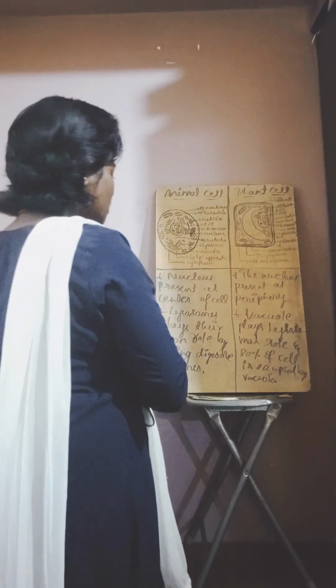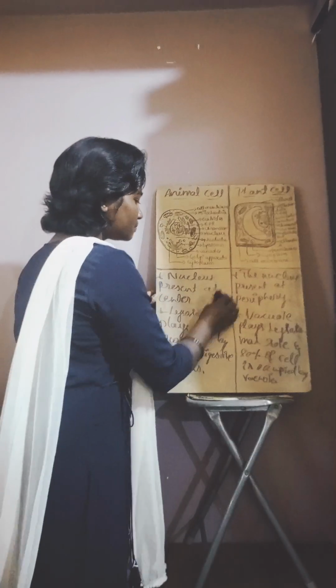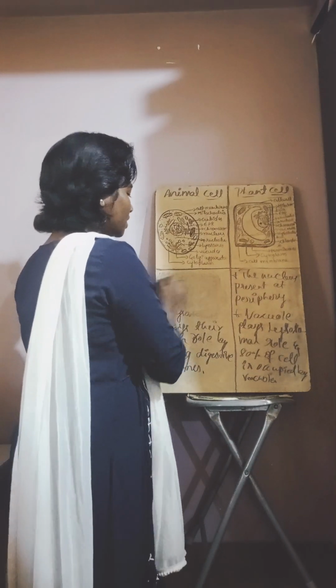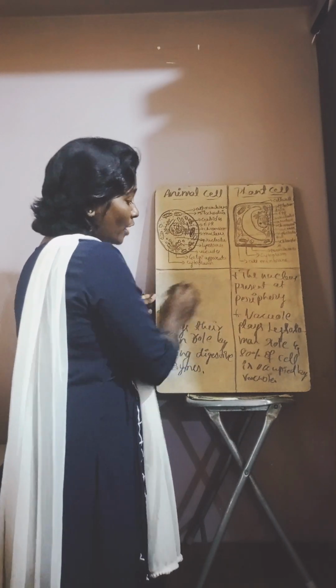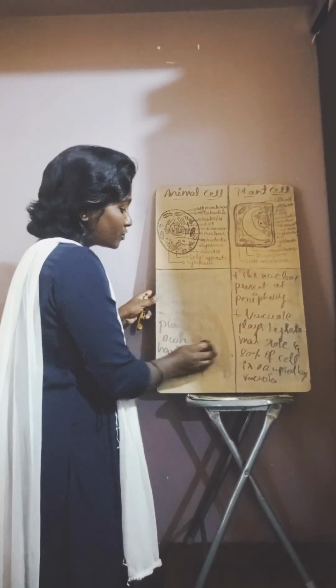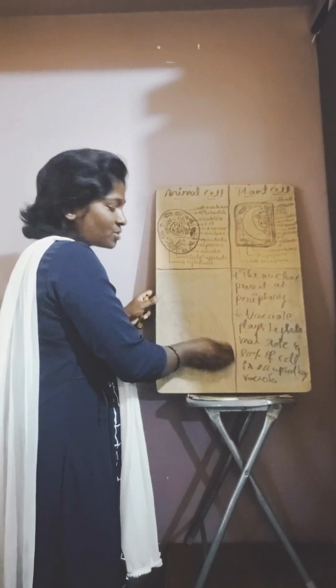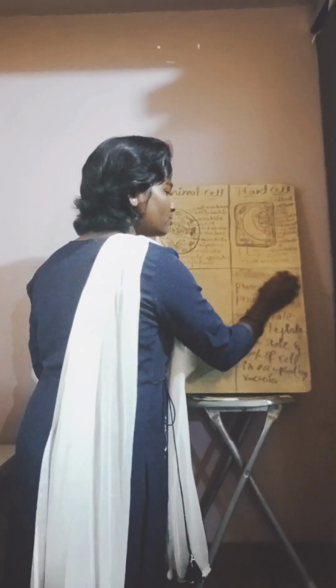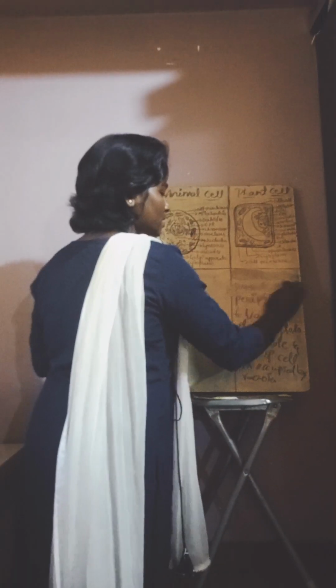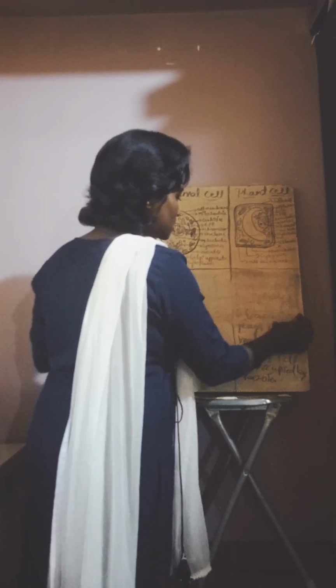Clear? Here we just discussed the location of the nucleus, the function of vacuole, and the function of lysosomes in animal cells. Now we will see other differences.